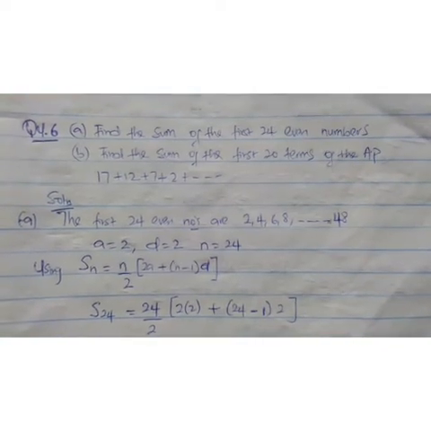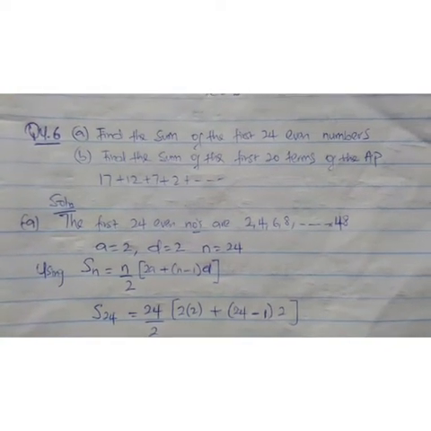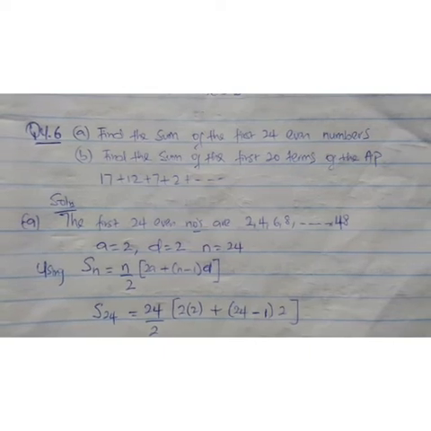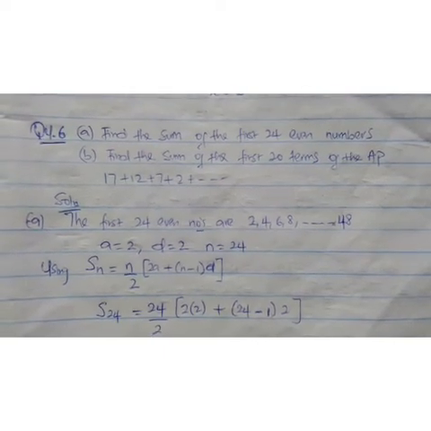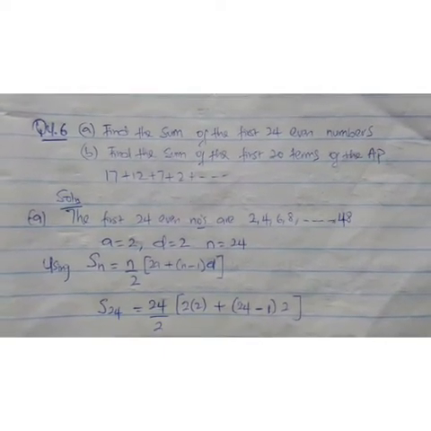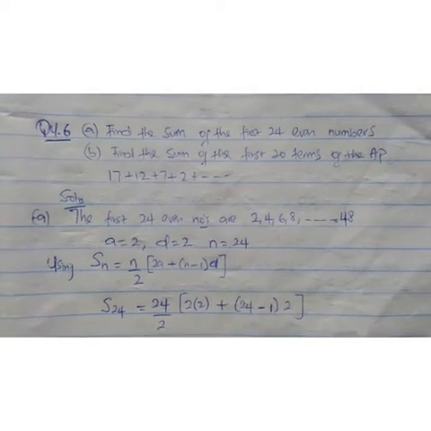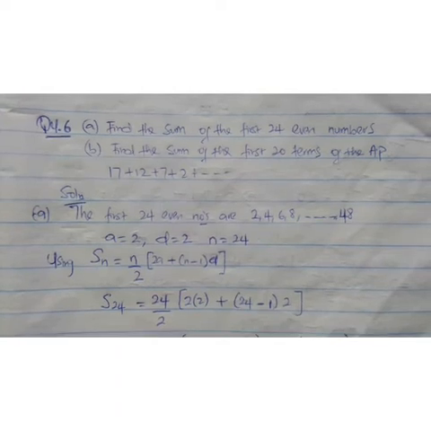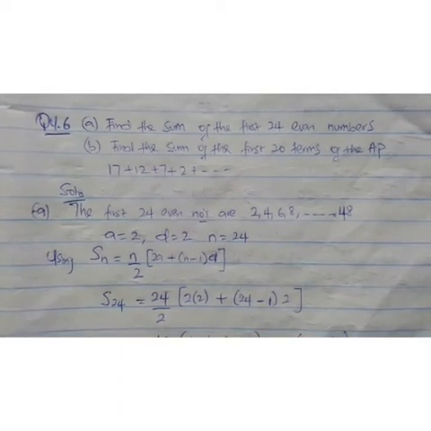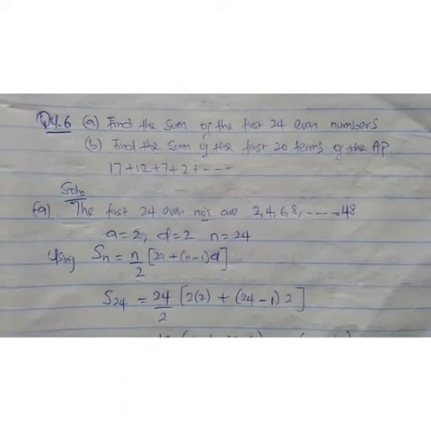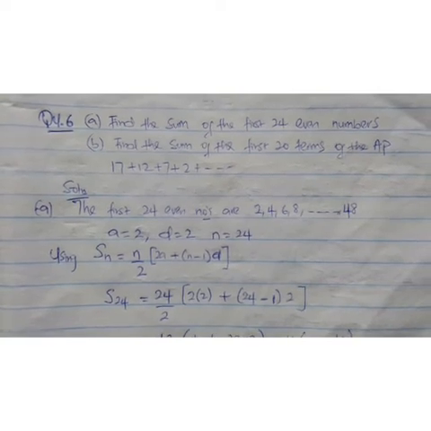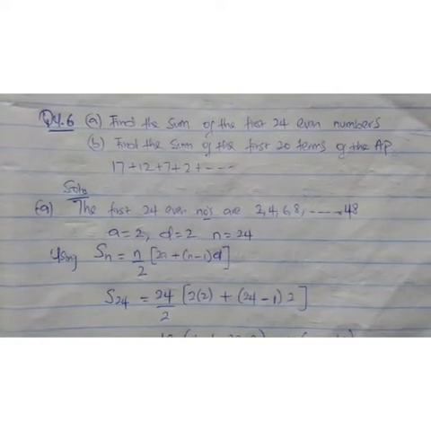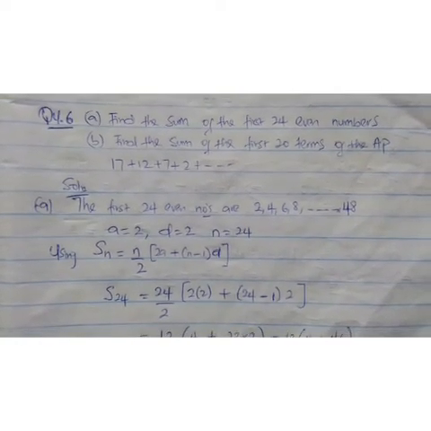Find the sum of the first 24 even numbers, and find the sum of the first 20 terms of the AP 17 + 12 + 7 + so on. Solution. The first one, we have to find the sum of the first 24 even numbers. The even numbers are 2, 4 up to 48, where our first term is 2, our common difference is 2, and n is 24.